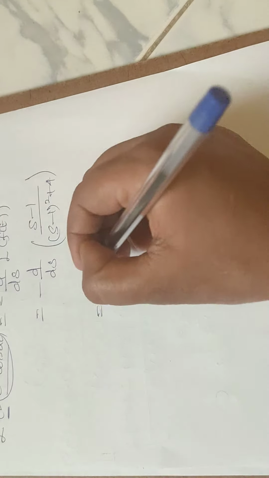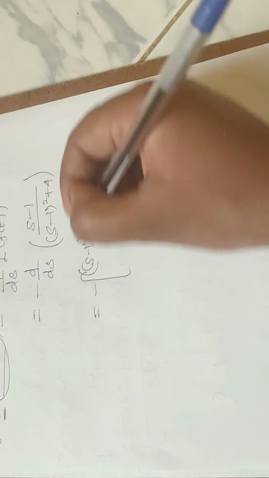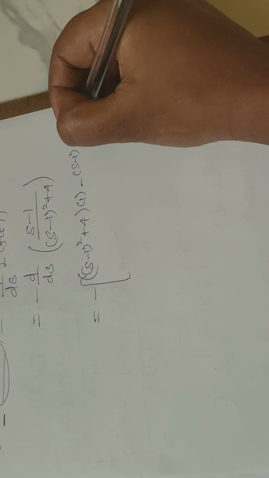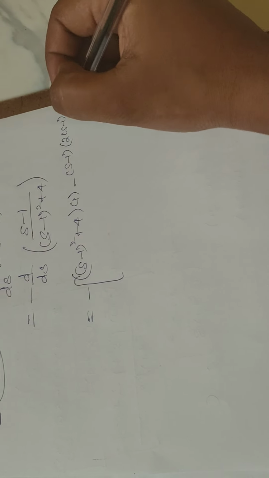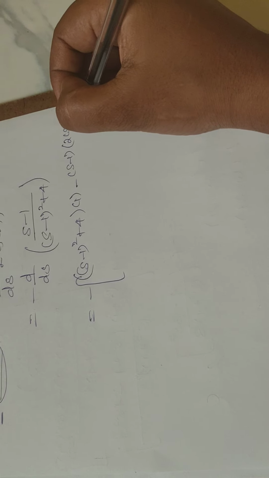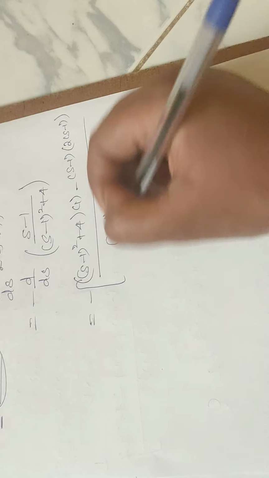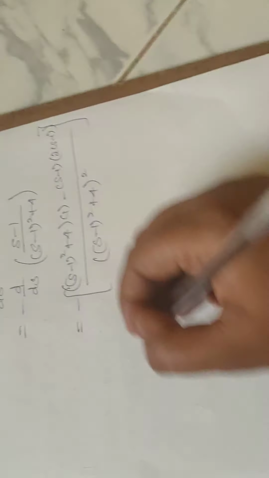So this implies minus s minus 1 whole square plus 4 into 1 minus s minus 1 into 2 into s minus 1, plus 0 into 1, divided by s minus 1 whole square plus 4 the whole square, or you can simplify the denominator.